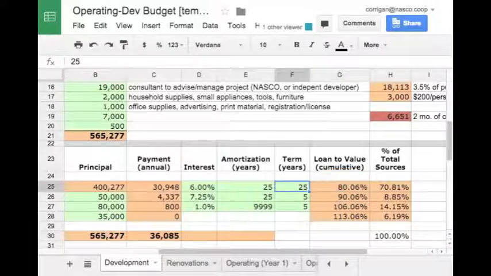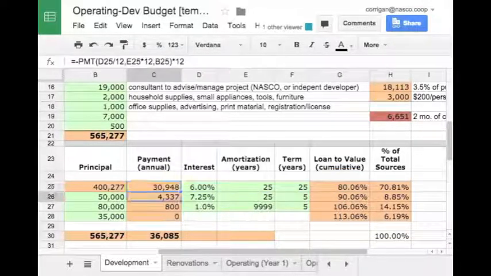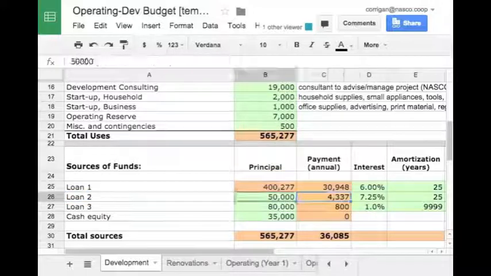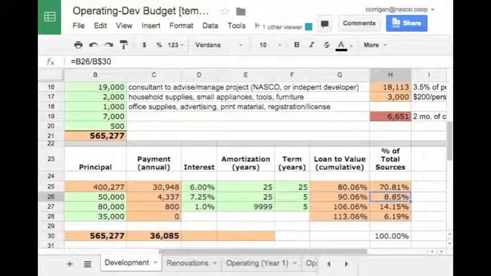So then that first loan might be in a better position. The second loan for $50,000 is going to bring us up to 90% loan to value. Each loan is a separate portion, but the percentage here, loan to value cumulative, means what's the loan to value for all the loans up to this one. So the first loan plus the second loan represent now 90% of the value.